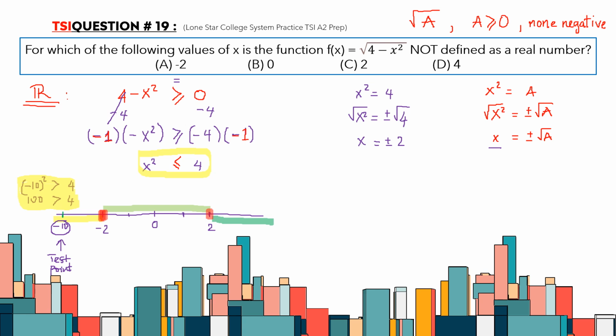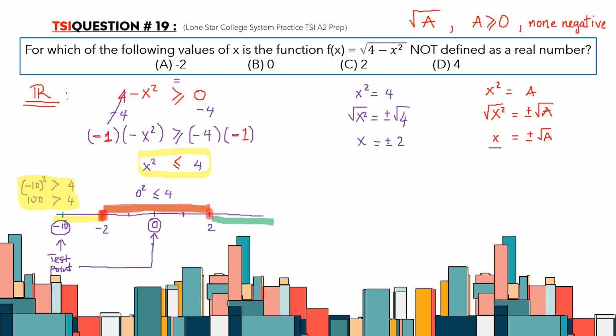So next we choose 0 as the test point, in between negative 2 and 2. 0 squared is 0, and it's less than or equal to 4. Yes, that's true. So this is the region we need. This is the region we choose, where all values of x make x squared less than or equal to 4.